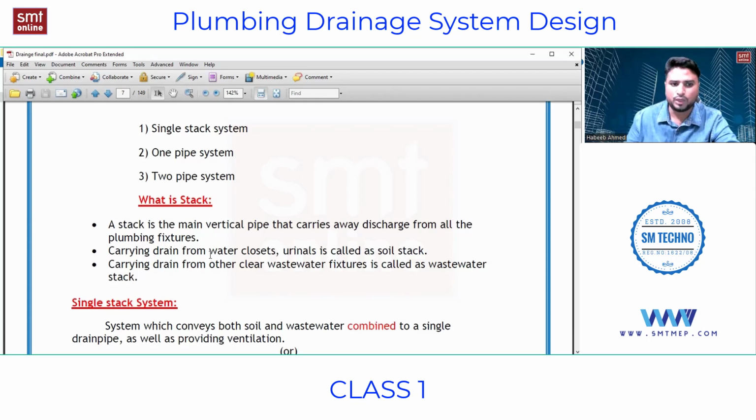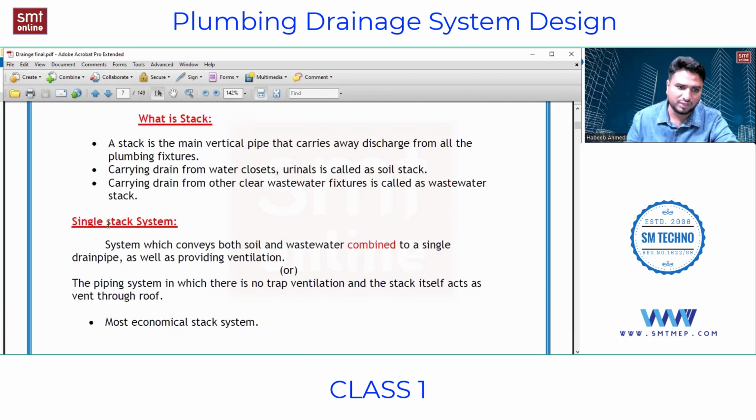Now, what do you mean by a single stack? Just now we have learned what exactly a stack is: a main vertical pipe. So single stack means there is only one vertical pipe in the system.